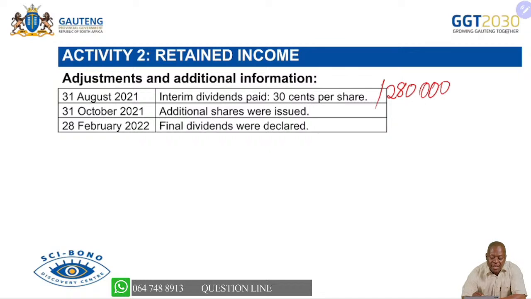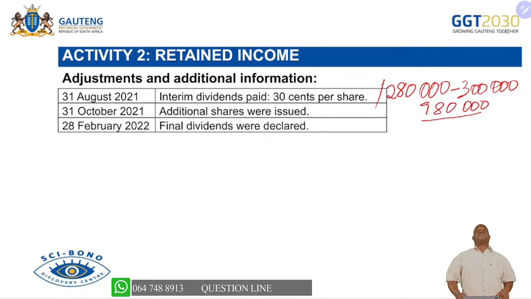Now, somewhere in May, they repurchased shares. When shares are repurchased, what happens? There's a reduction. Can you still remember that? And when there is a reduction, it means we are going to have less. So somewhere in August, how many shares are we having now? 980,000 shares. Very important.